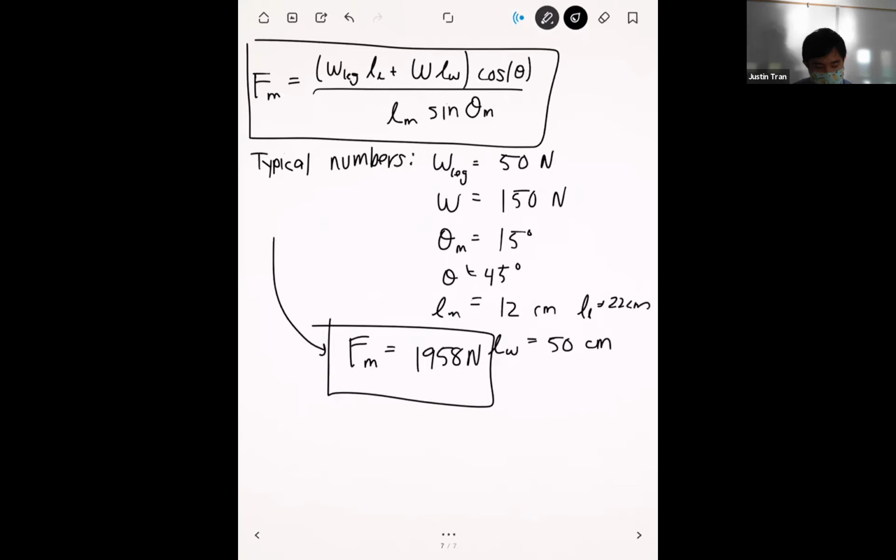And so now that we have this muscle force, you can plug it back into the force balance equation and solve for Jx and Jy. That's pretty standard. And so I'll let you do that and confirm that.